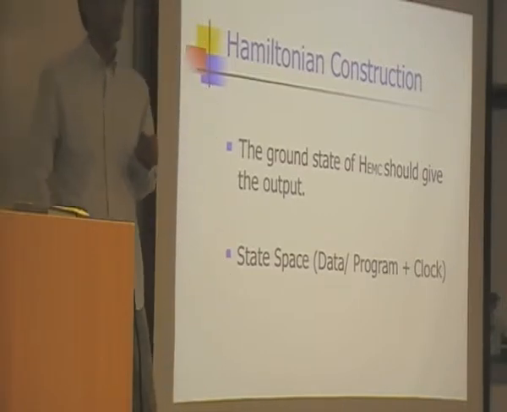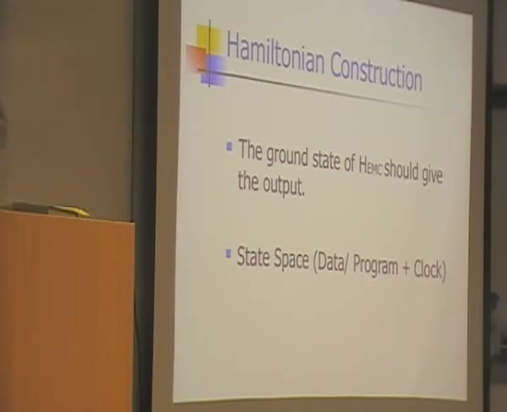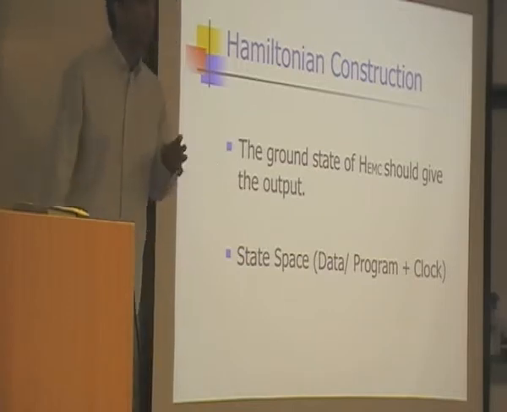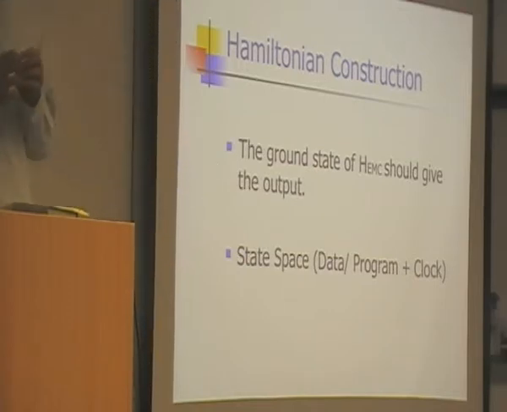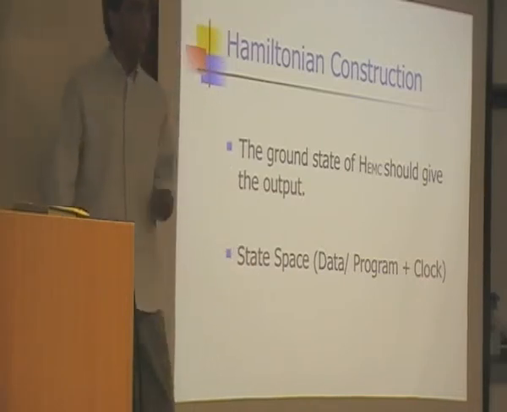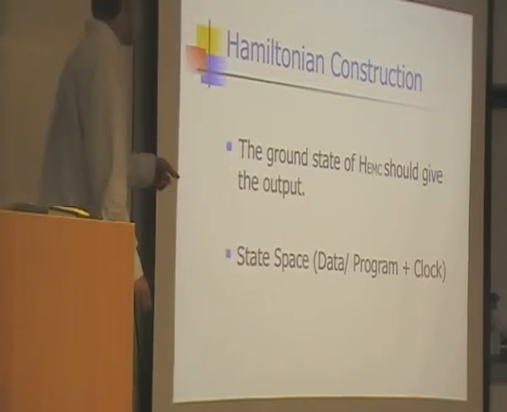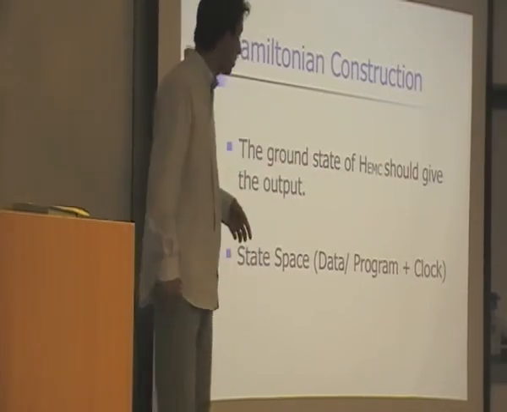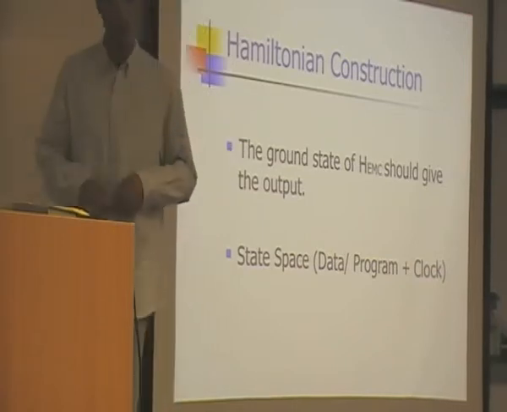Here we have to construct our Hamiltonian. We have to construct a Hamiltonian such that the ground state of this Hamiltonian gives us the output of the desired measurement-based algorithm, and the state space is naturally the data register and the other register that we call here the program plus clock register.